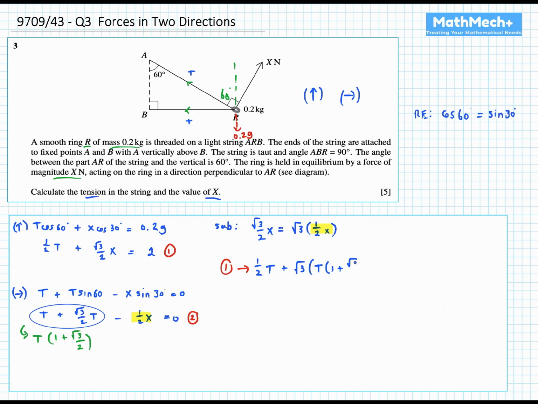So T, so I've replaced there. You can see the minus half X would have been equal to 2 T bracket 1 plus root 3 over 2. The yellow and green aspects on the left hand side there have been replaced.